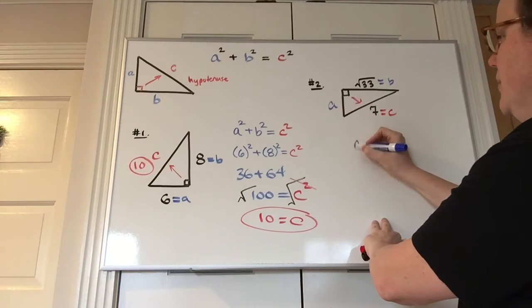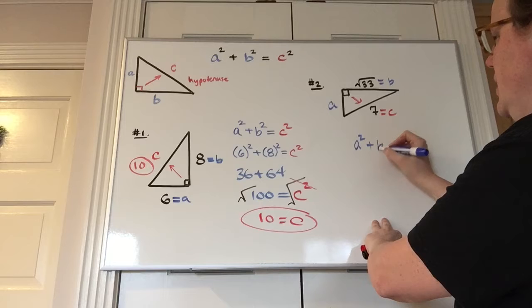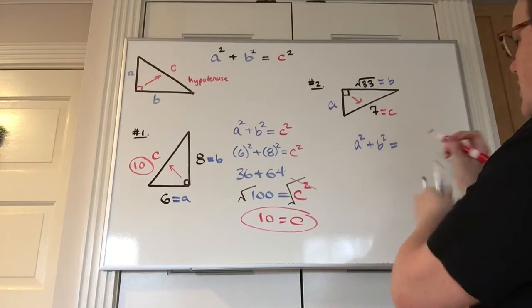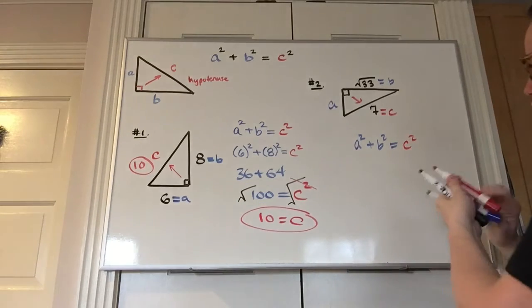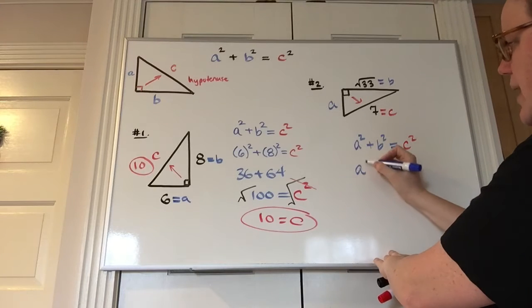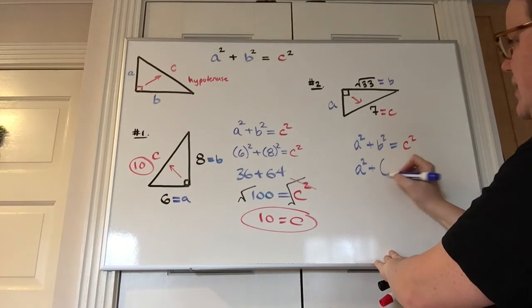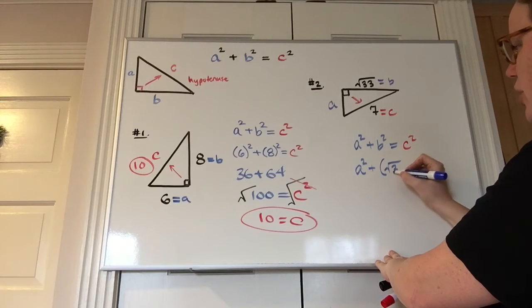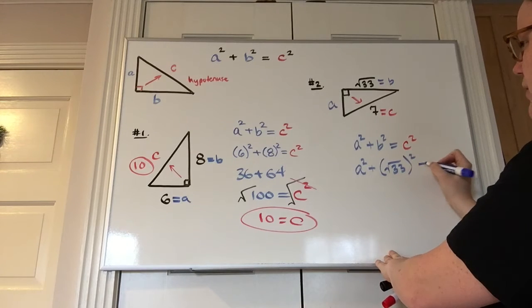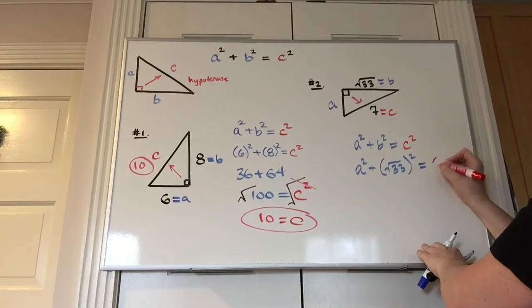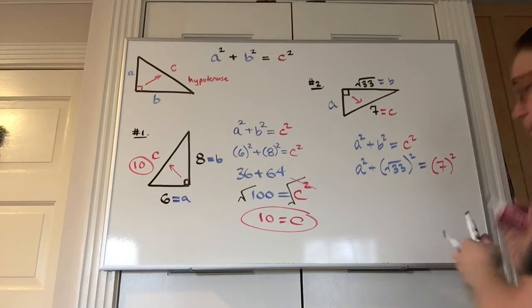Okay, Pythagorean theorem. A squared plus B squared equals C squared. I do not know what A is. B is equal to the square root of 33, squared, and C is equal to 7 squared.